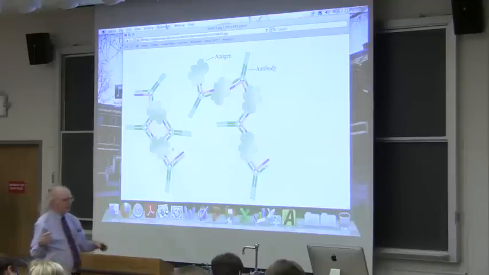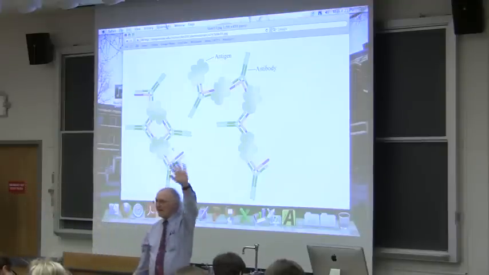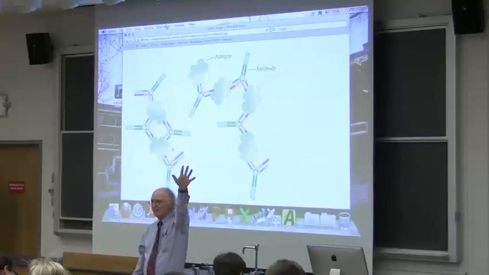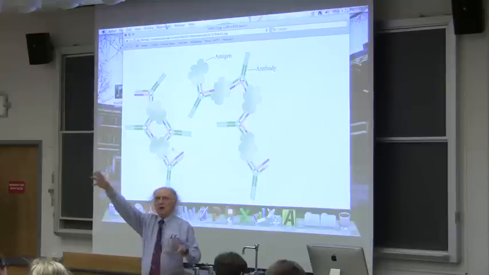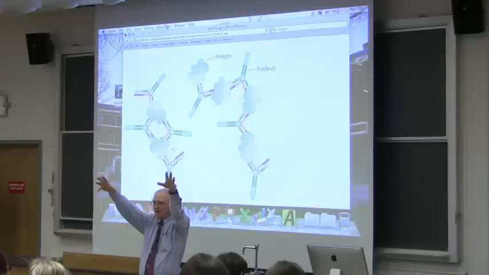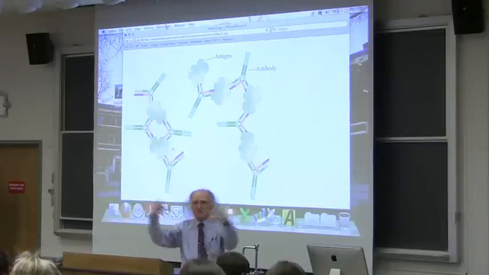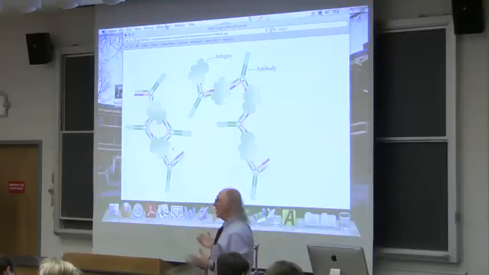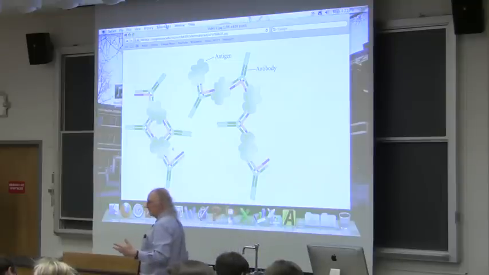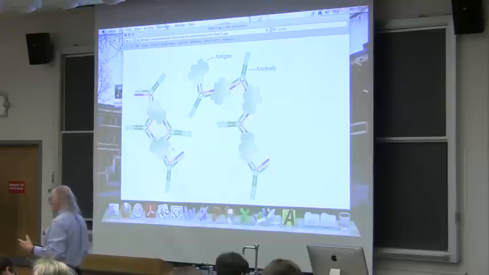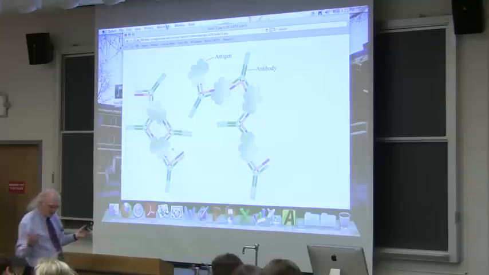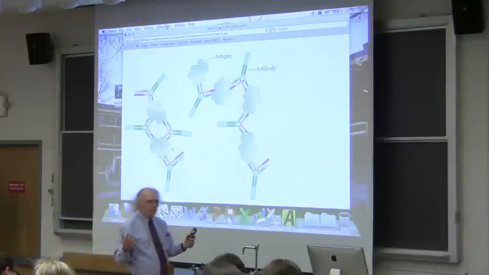The helper T cells will be out there saying, I have found an antigen, and I'm going to interact with this B cell, which has also found this antigen. Once the T cell recognizes the B cell has found the antigen, it says, you're the one I want to divide. And so that B cell will be stimulated to divide, and make lots and lots of antibodies. So that's what's happening during immune stimulation.